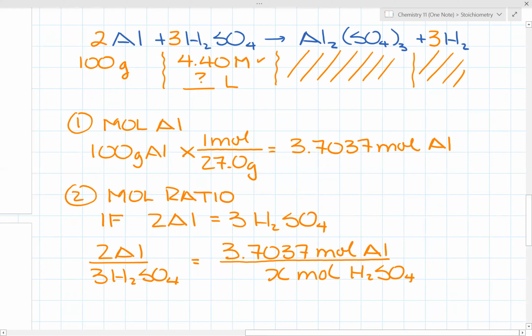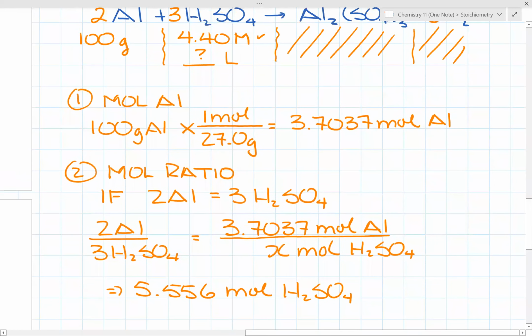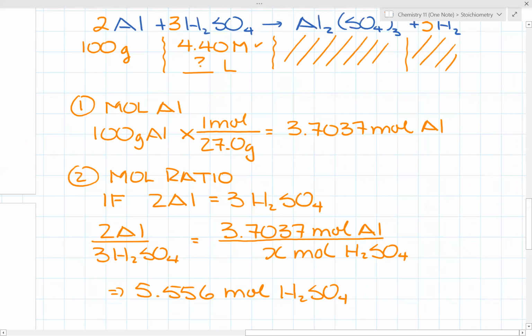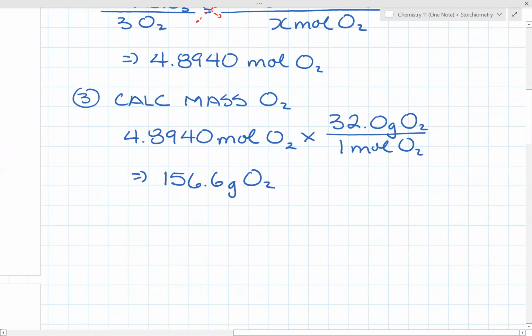Times 3 divided by 2. So that gives me, in this case, an answer of 5.556 moles of H2SO4.